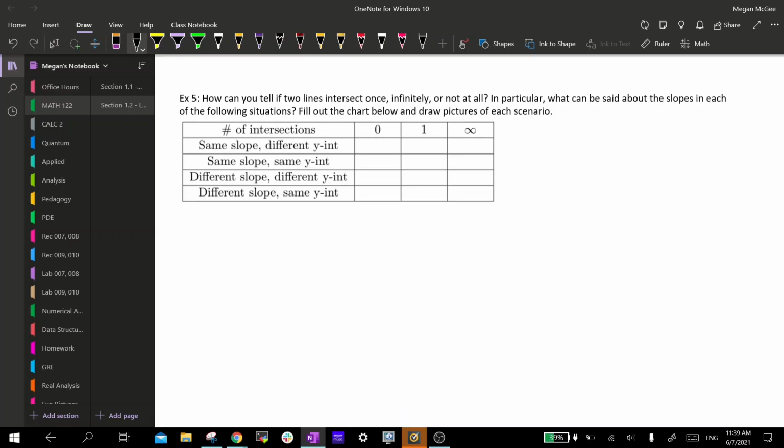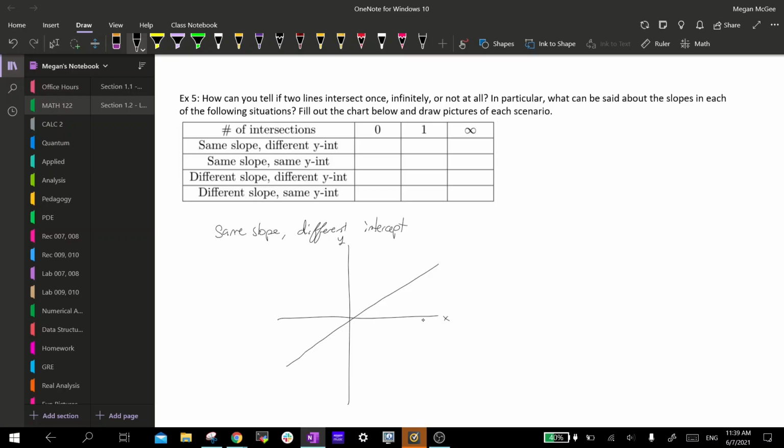All right, so our very first scenario, same slope, different intercept. Okay, so let's draw a few examples of what this could be. Pick whatever slope you like. All right, this is just our typical y equals x line.